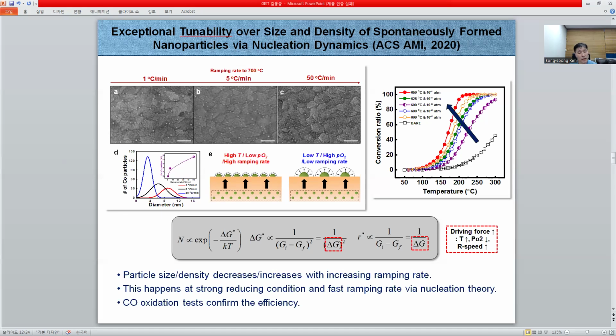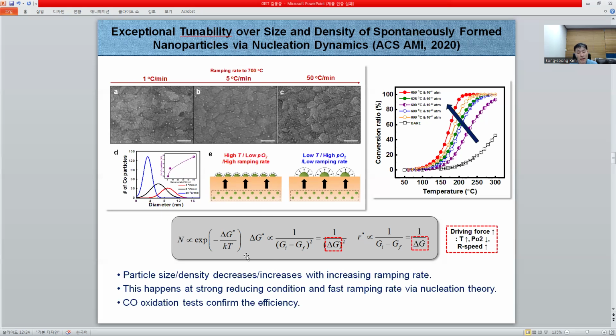We try to understand the phenomena observed by altering three parameters: temperature, oxygen partial pressure, and ramping rate. Classic nucleation theory indicates that as the driving force, delta G, increases, the critical nucleus size R star and the critical nucleation energy value delta G star decrease together.